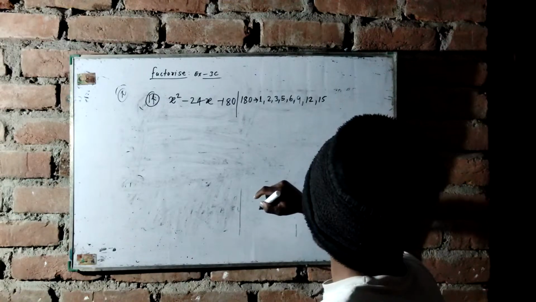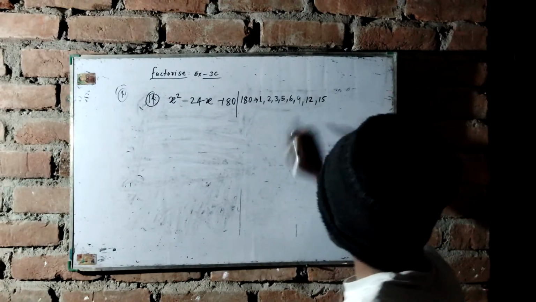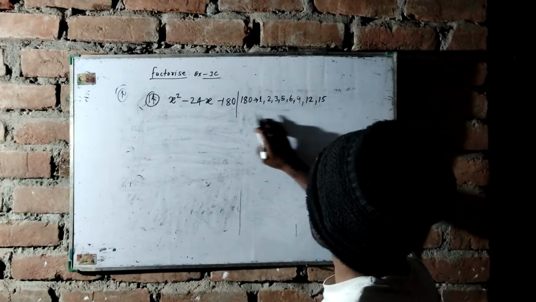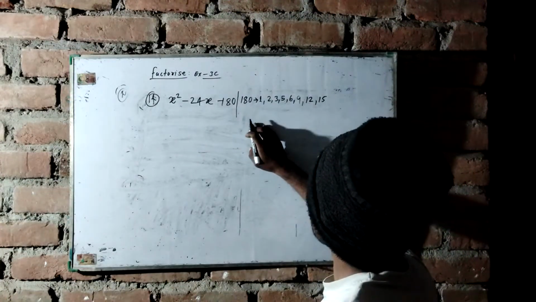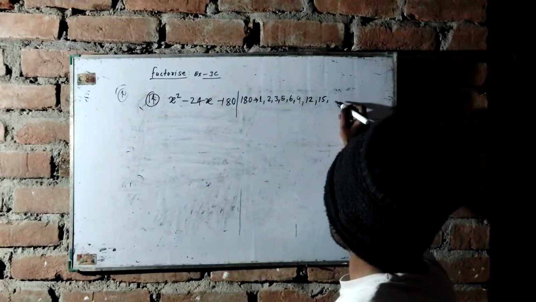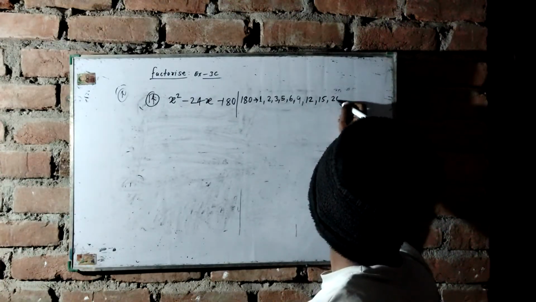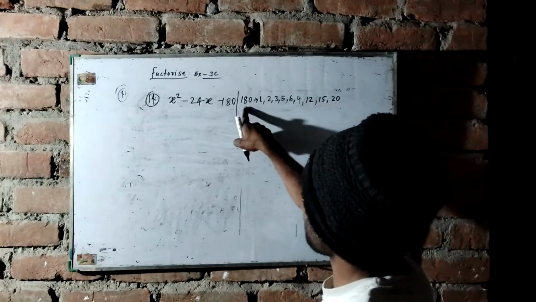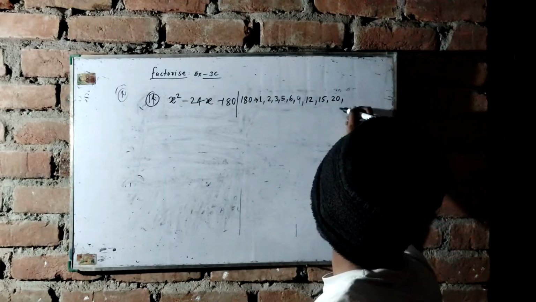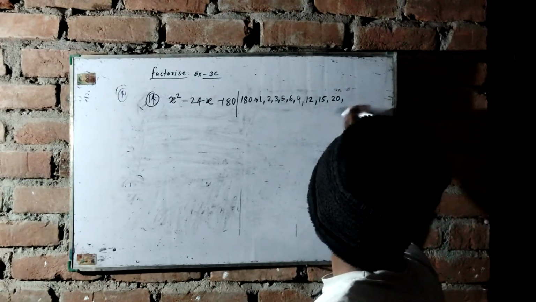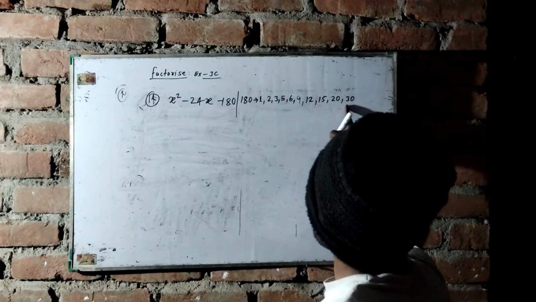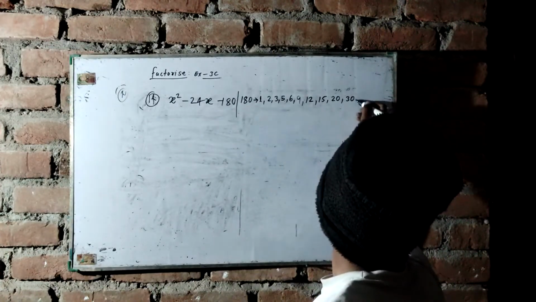Okay. And we can also write 20 because 20 divides 180 exactly. And we can also write 30 because 30 divides 180 exactly.